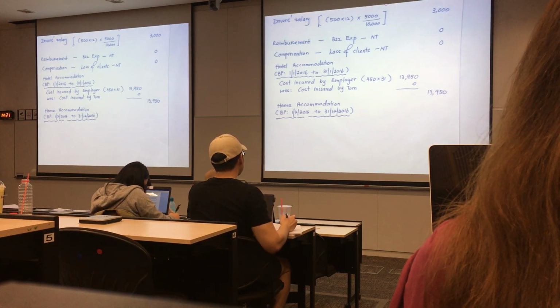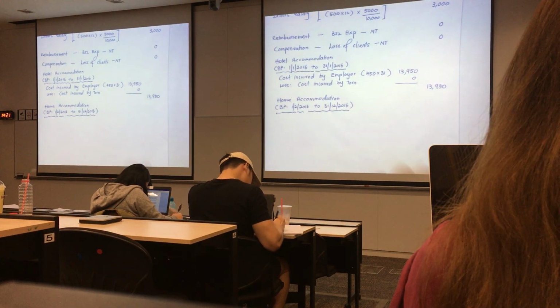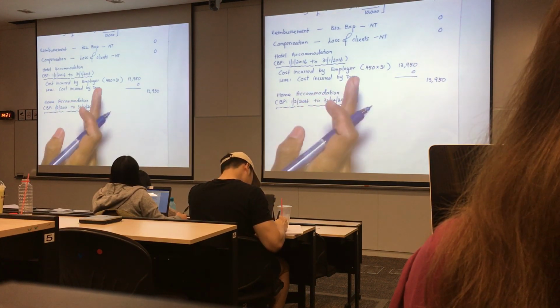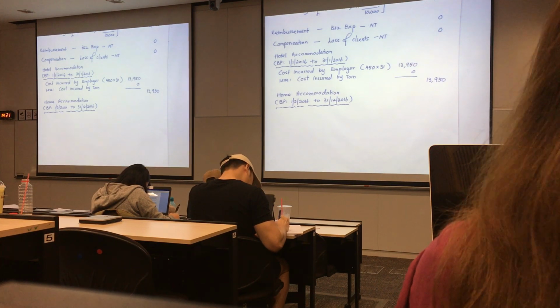All right. Now, same thing. After this, write down the cost. In the case of home accommodation, the formula will be annual value for the period of stay.